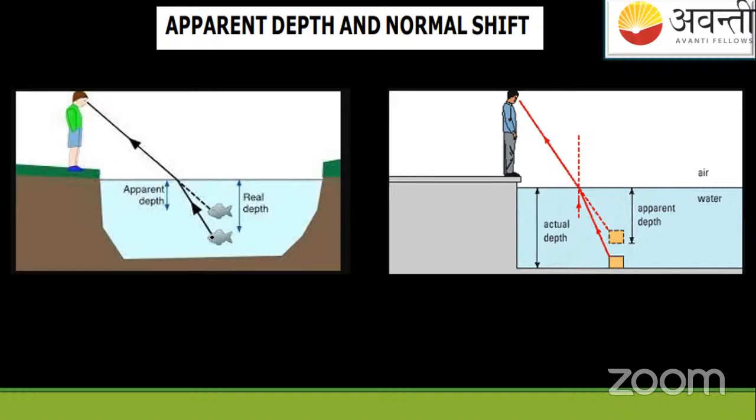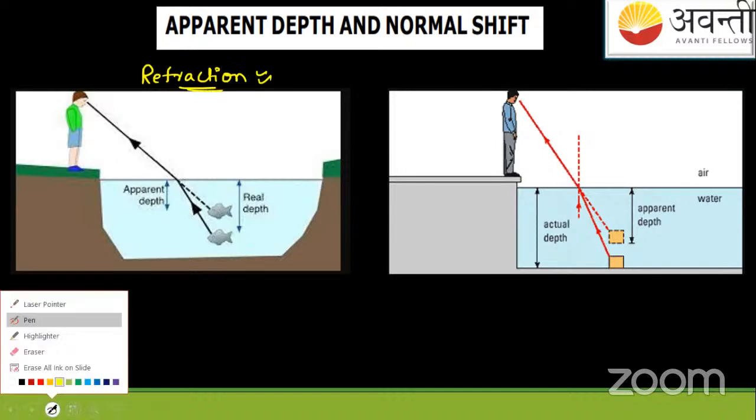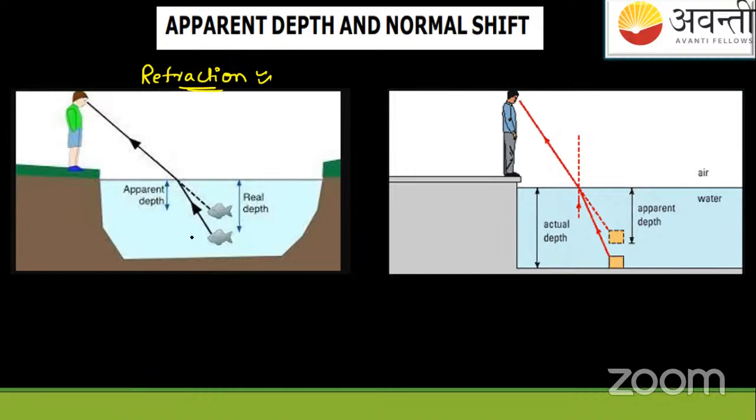See what happens. This topic, the apparent depth and the normal shift, follows the phenomenon of refraction. What is actually happening in this? See, these are two examples in front of you.